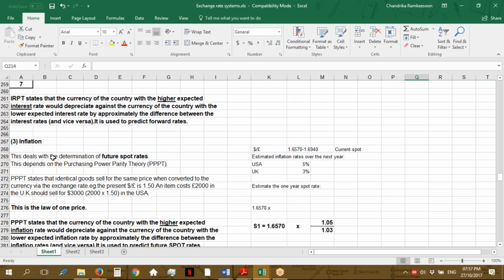Or what would the sterling against the US dollar be in a year's time? Now, you may be able to use some formula to provide you with an estimate, which is what you have to do here anyway. But you need to understand that it's merely an estimate, and there's no reason why in a year's time the actual spot rate will be the same as the predicted spot rate.